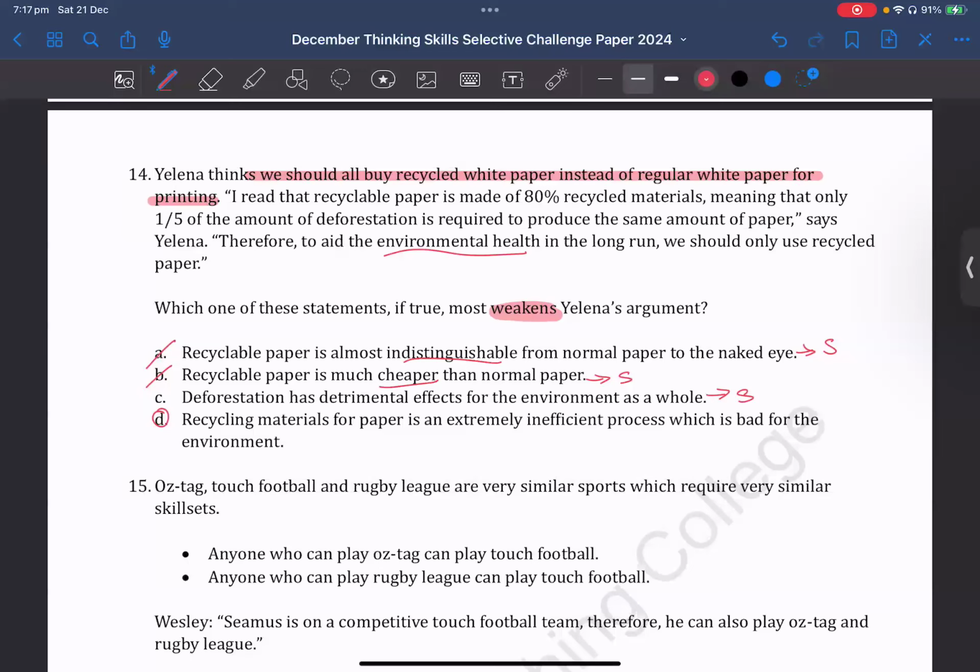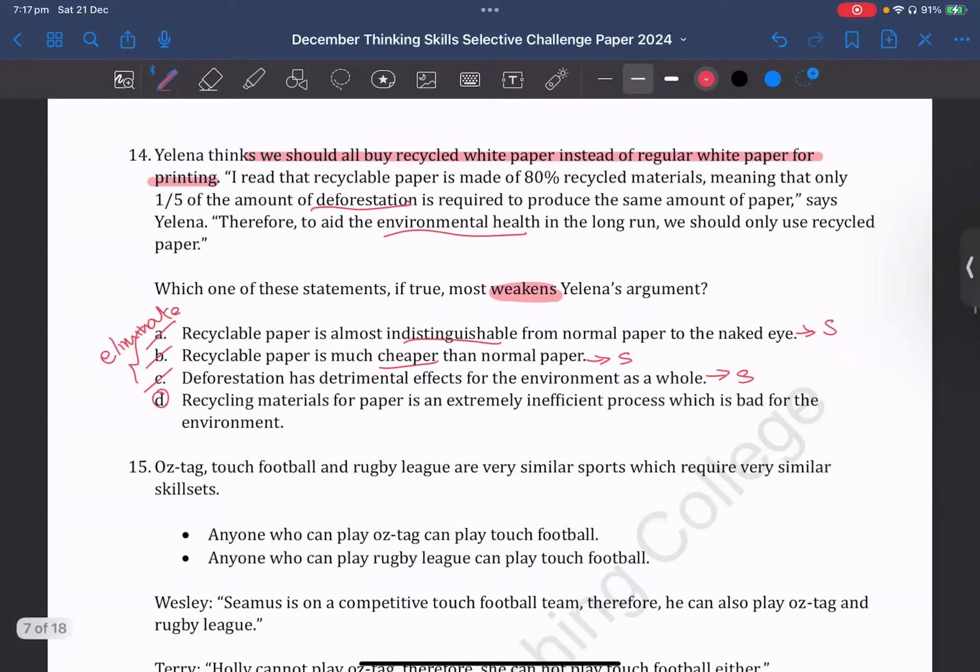Once again, it strengthens, because deforestation links back to here, but these all strengthen, which is why I can eliminate this. And moving on to D, recycling materials for paper is extremely inefficient. So it's saying recycling is bad. And that is why D is the best answer.